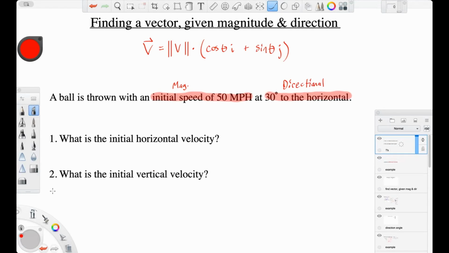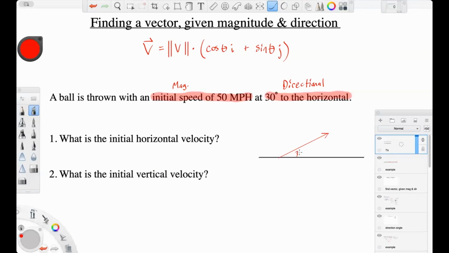So if we sketch a diagram of this situation, here's the horizontal. So our horizontal line just goes like this, and then the ball is thrown at an angle of 30 degrees to that. So let me sketch a line that's going to represent 30 degrees. So it's thrown like this at this angle here. And the angle that we're looking at is 30 degrees.